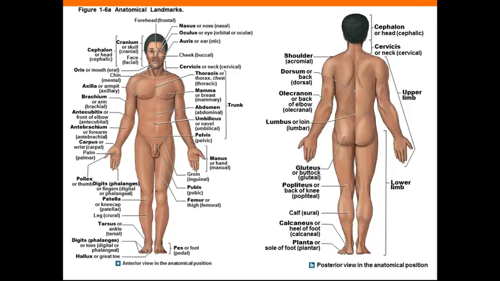So this figure in your textbook illustrates a person in anatomical position with the anatomical terms in bold and common names in plain type. The anatomical adjectives are in parentheses. This figure is in your textbook to reinforce the anatomical terms.